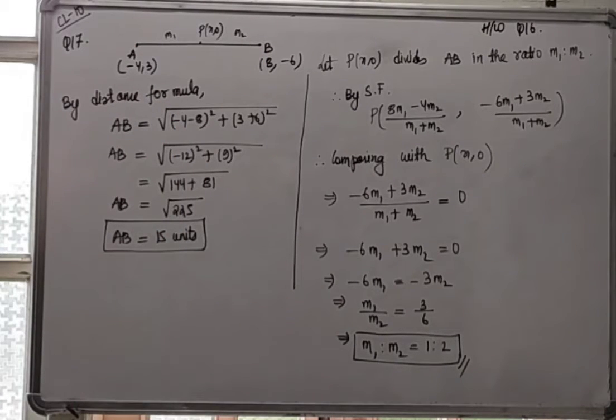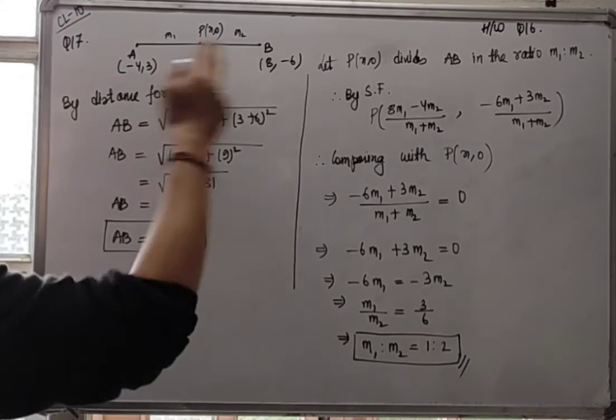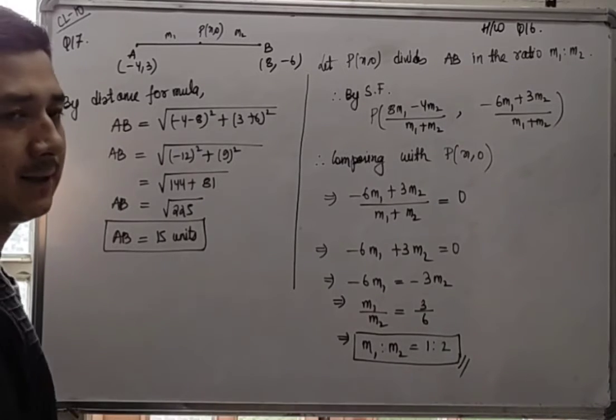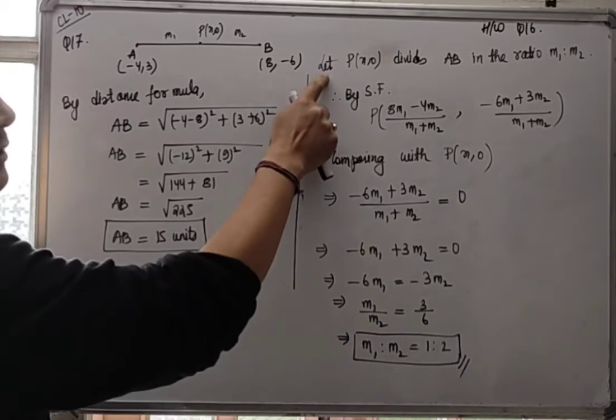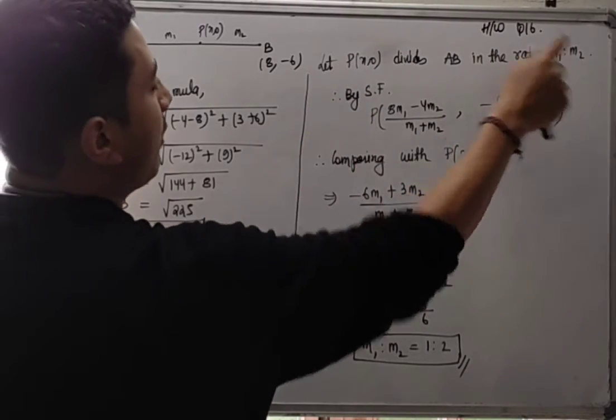All right. Now the question further says, if this AB is divided by the x-axis, then find in which ratio it divides. Okay. So any point which lies on the x-axis is of the form (x, 0). Let us suppose that this point divides AB in the ratio m1:m2.